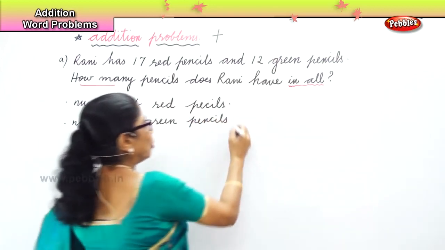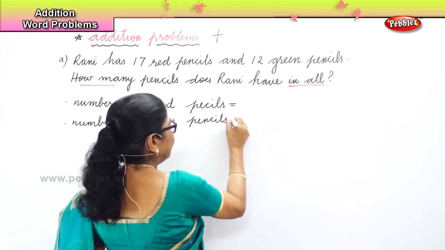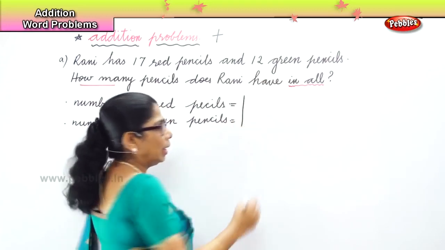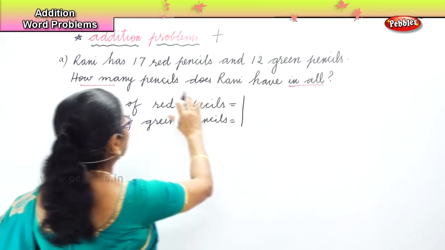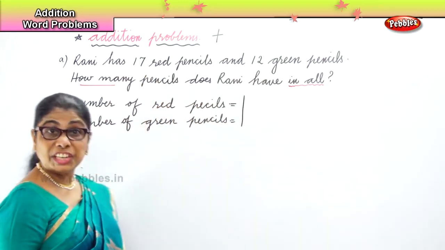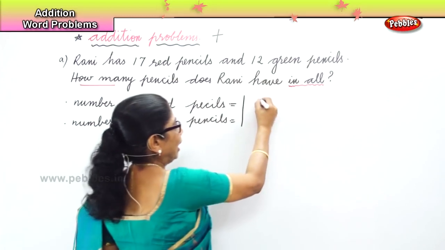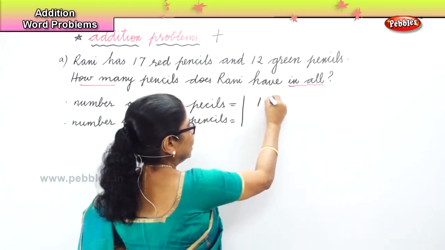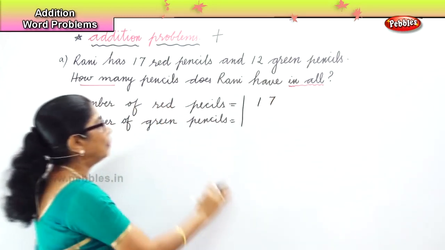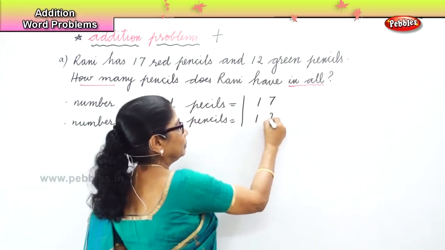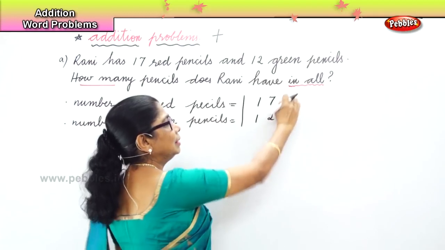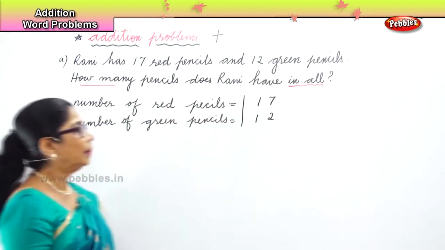Then you have to draw a small margin here. Draw a line. Number of red pencils: what is the number here? 17. So you have 1, 7. Number of green pencils, 12. Then what is the third, final statement?